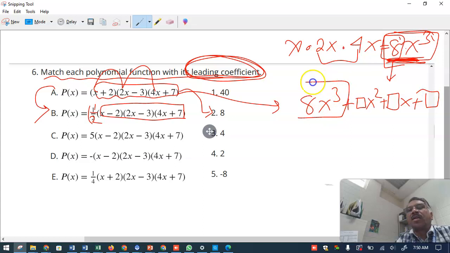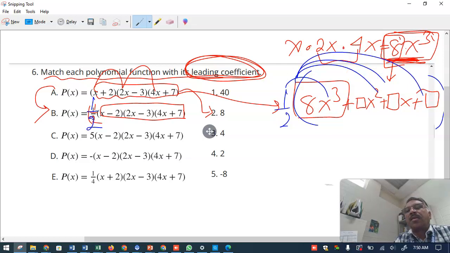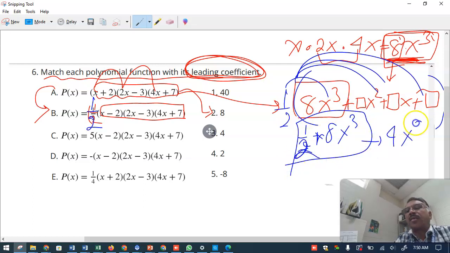So what's happening right now is you are multiplying this whole thing by this half. When you multiply, it distributes to everything. So this half times 8x cubed is the leading term, and half of 8 is 4x cubed. And that's how we say the leading term now is 4, and you get the answer.